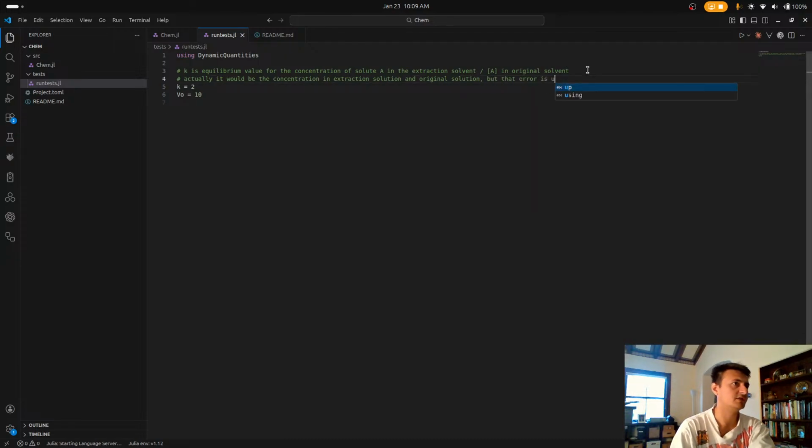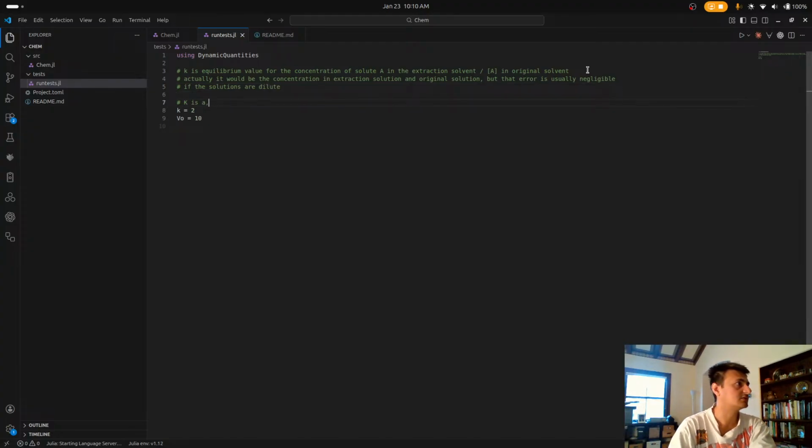Error is usually negligible if the solutions are dilute.